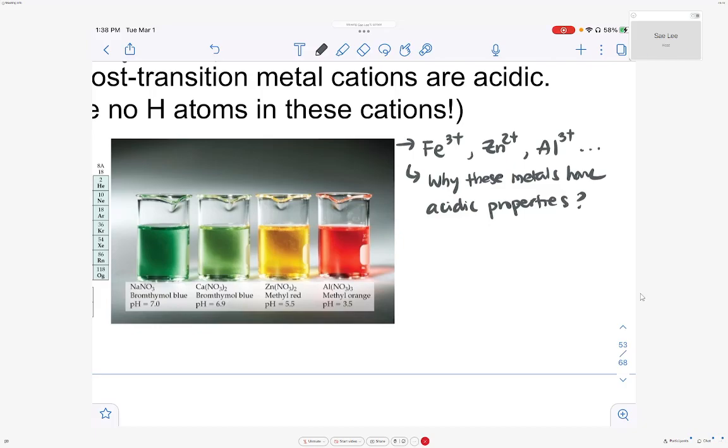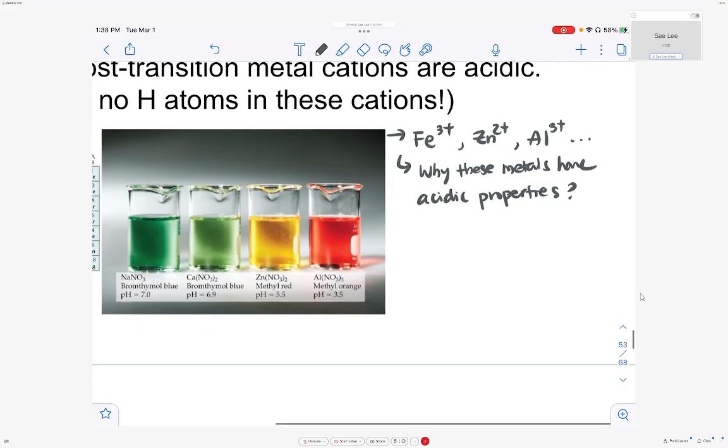This is because the definition of an acid is any substance that, when dissolved in water, increases proton concentration, right? These metals, when dissolved in water, increase proton concentration, and therefore they are considered acidic.